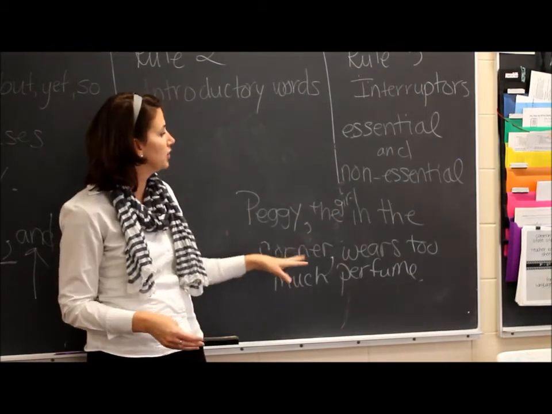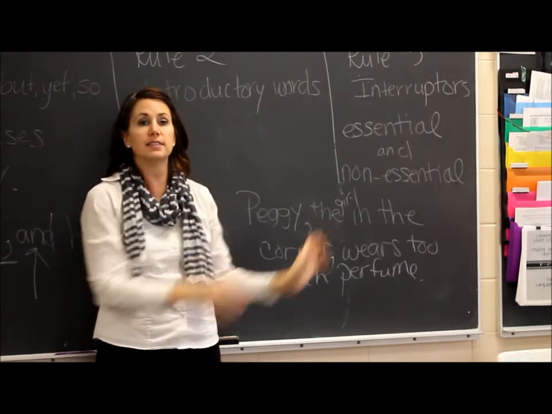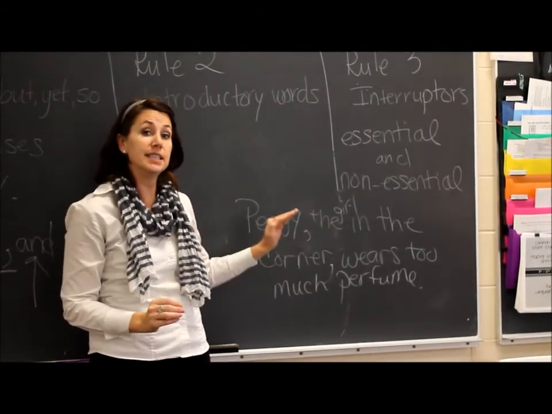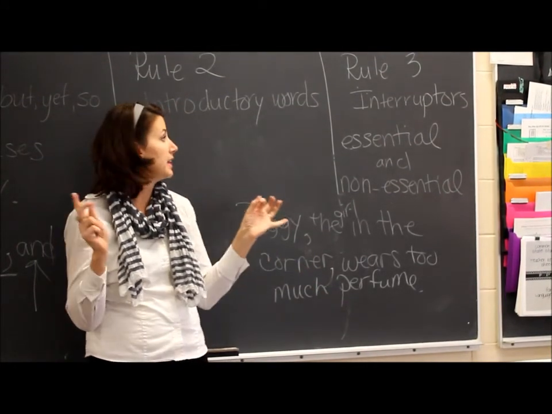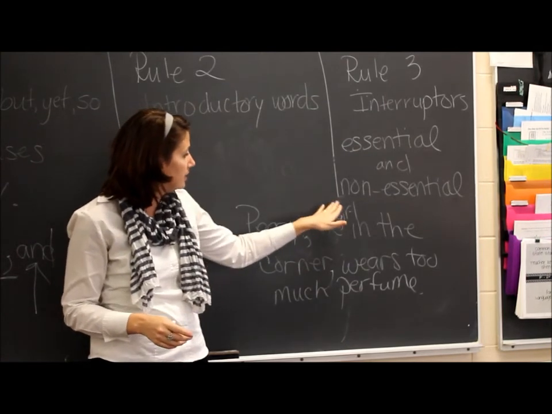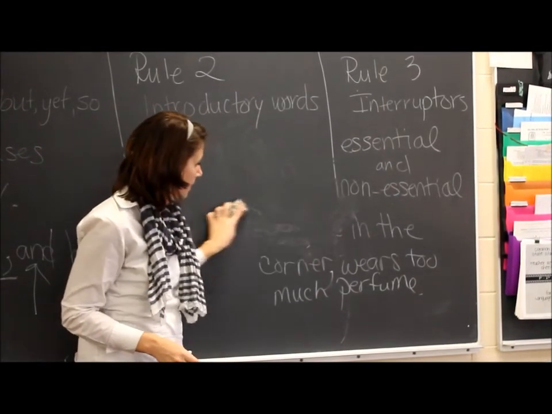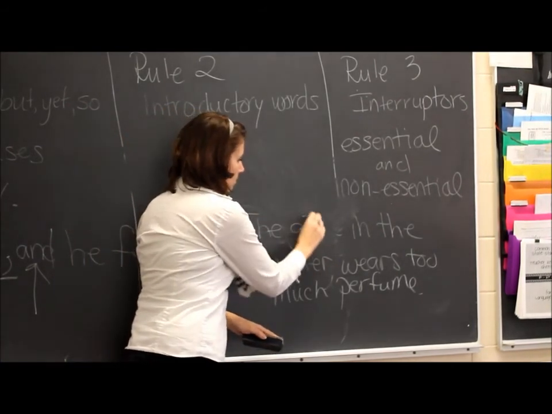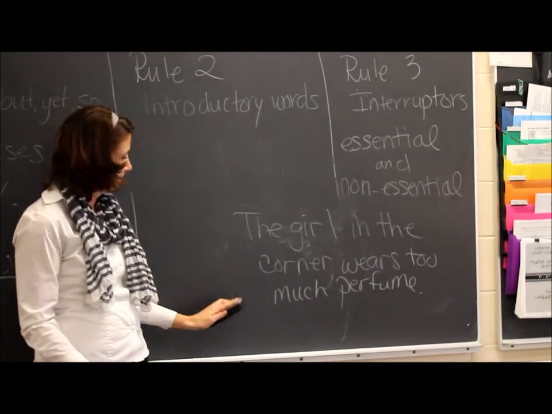So that's how you judge it. If you take it out of the sentence and the sentence still has the same meaning, then you put commas around it, the interrupter. If it needs to be there for the meaning, then there are no commas. Okay, I need it there to know which girl. And that's it.